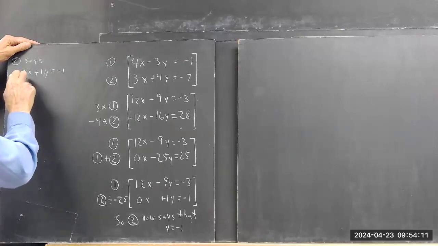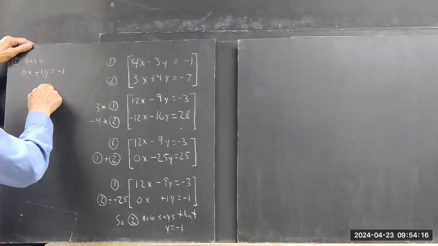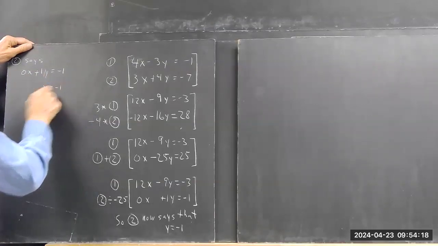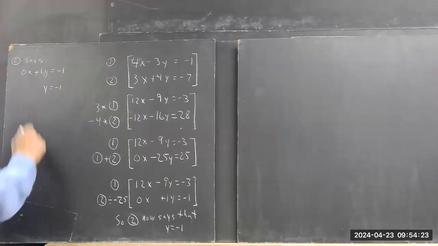In other words, 0x is 0, so we don't even need to write that. 1y is what? y equals -1.